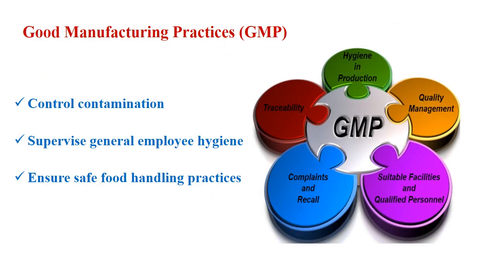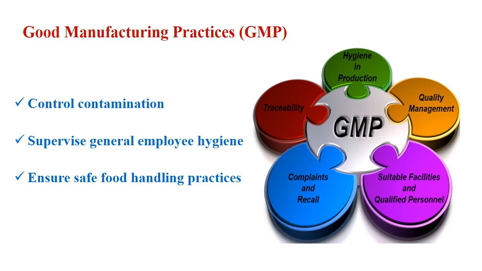So once again, the good manufacturing practices focus on three important aspects. One is control of contamination, then supervise general employee hygiene, and then ensure safe food handling practices. So these three play an important role in the quality management of any food product.